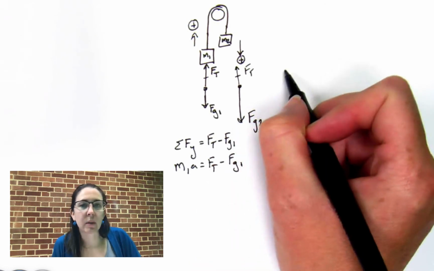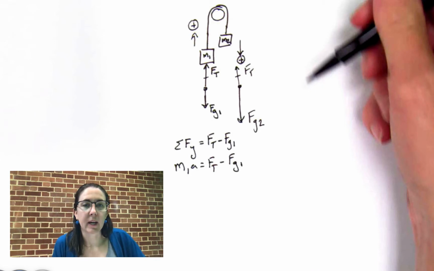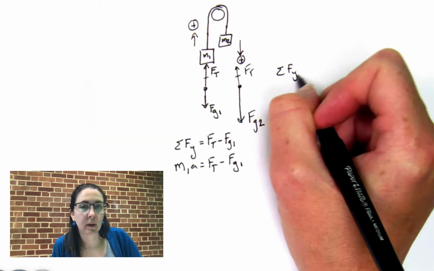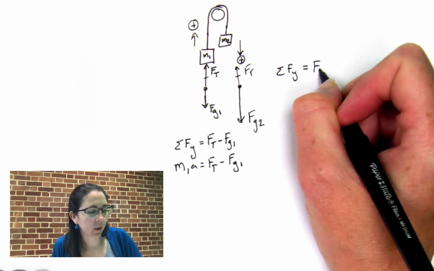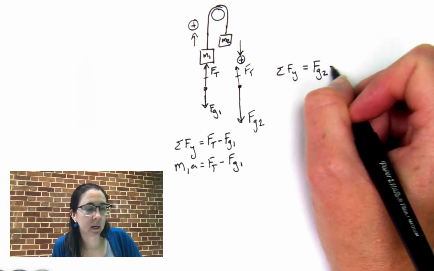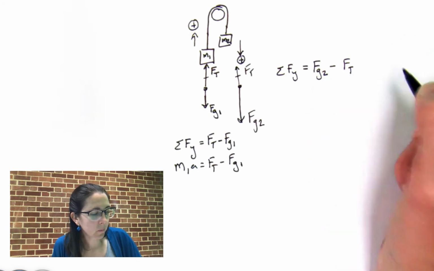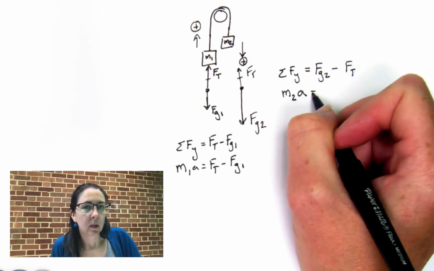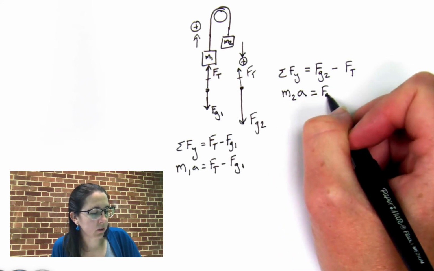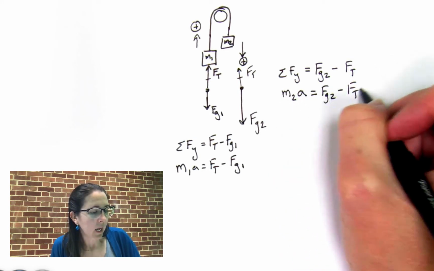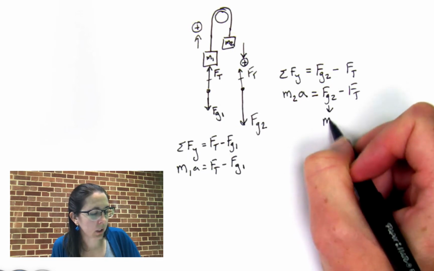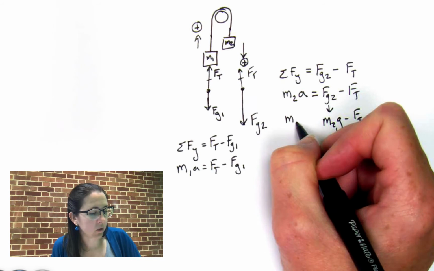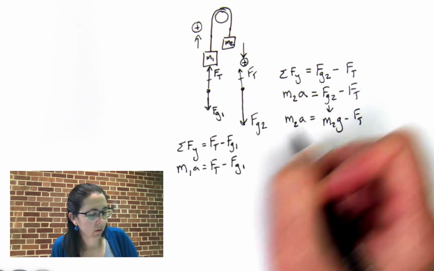When we sum the forces on mass 2, down is positive, so the sum of the forces in the y direction is the force of gravity on 2, positive, minus the force of tension. This gives us mass 2 times acceleration equals the force of gravity on 2 minus the force of tension. And I can go ahead and substitute M2G here, and then M1G for the force of gravity on 1.